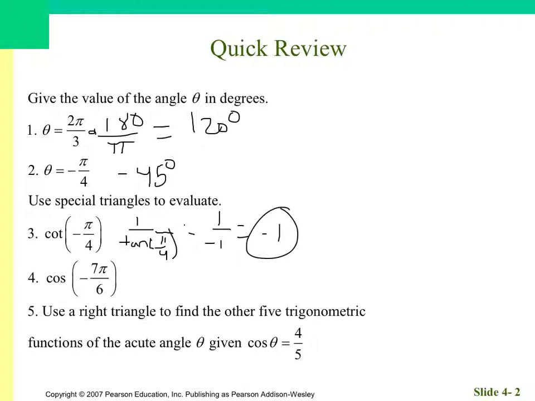Cosine of negative 7 pi over 6. Well, that's negative 210 degrees, so it's a 30 degree reference angle. These are things we need to be able to figure out without a calculator. We'll be going over this today, but this should be review as well.